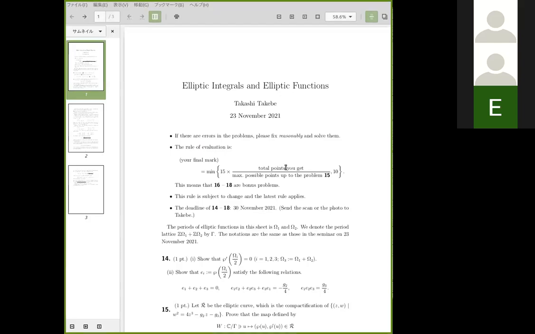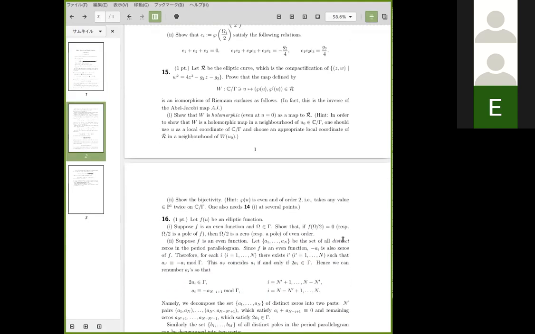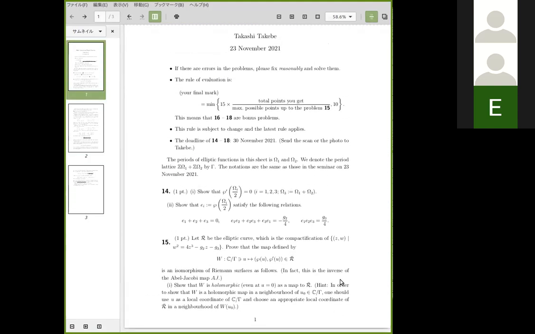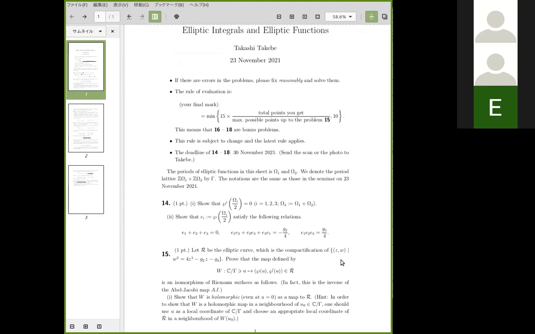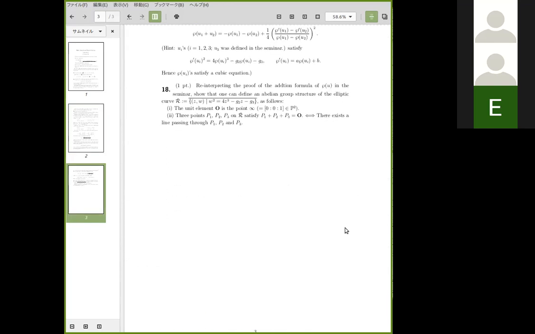So you see, this is today's exercise, and I wrote that there will be almost 15 programs, and actually I put 18 up to here.